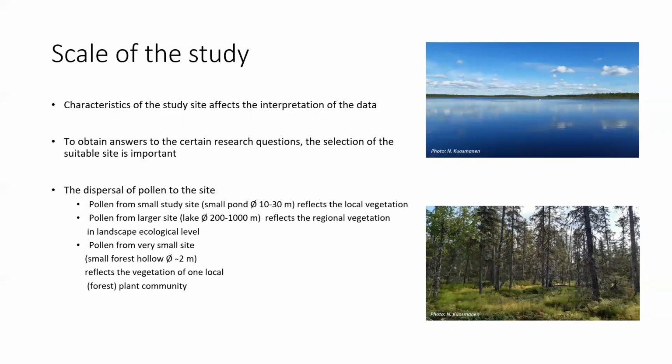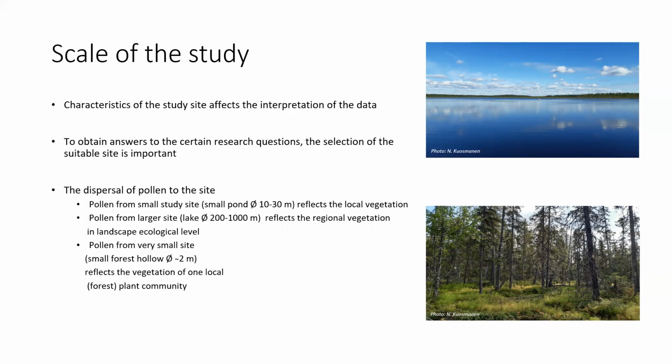And the basic scale of dispersal of pollen to the site: from a small study site, and these forest hollows, we can be sure that they reflect very local vegetation, especially if it's a very small site, then it can be just the surrounding forest or plant community that is represented.